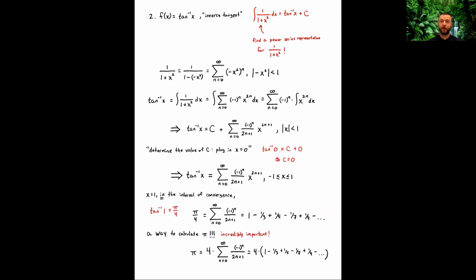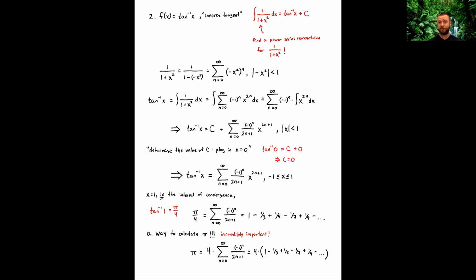And what this puts us on the path to understand is one of many possible ways to calculate pi, which is incredibly important within mathematics and computer science for algorithms on how to efficiently compute pi. Now here, you can solve that for pi, multiply 4 to the other side, and just multiply each term in that infinite series by 4.